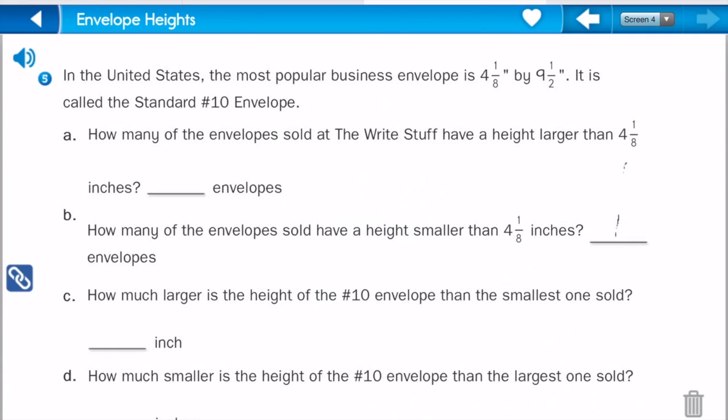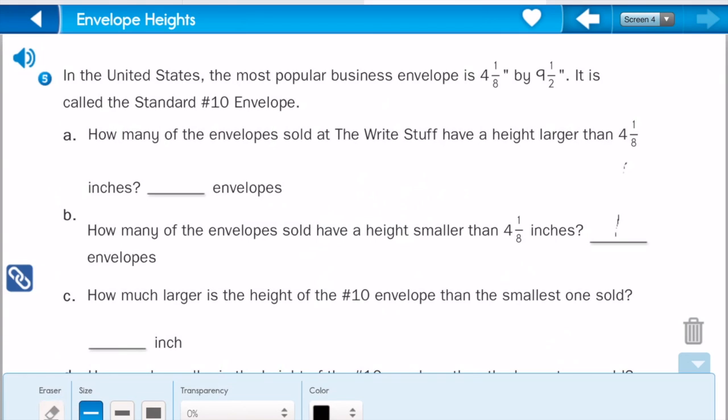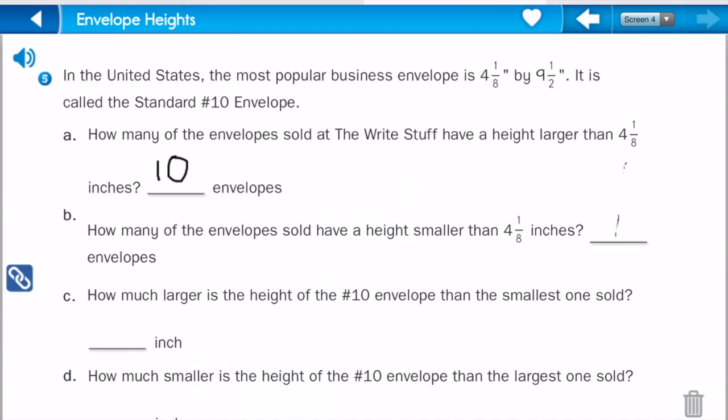Okay. So we have 10 here, and we have 8 here.